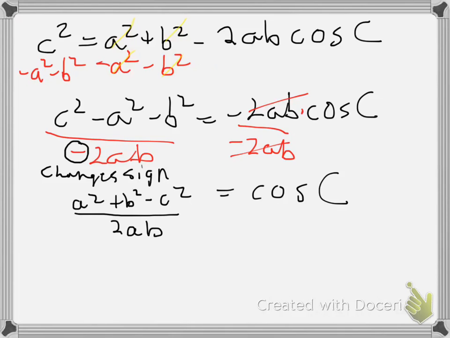Okay, and a lot of people like to write the law of cosines this way. If you actually needed, so that would be essentially have done the problem, but if you essentially wanted the angle C by itself, then you're going to have to arc cosine everything. We're going to have to undo cosine, you have to arc cosine.